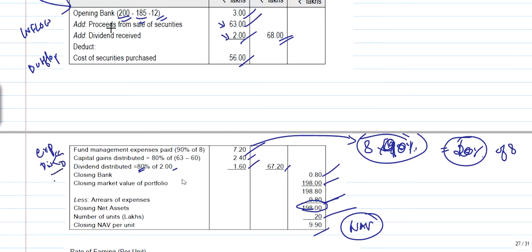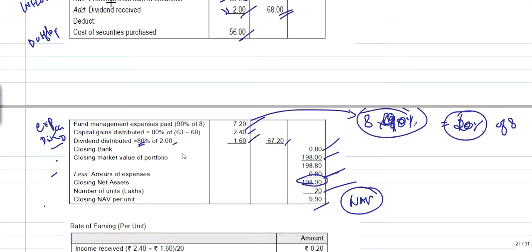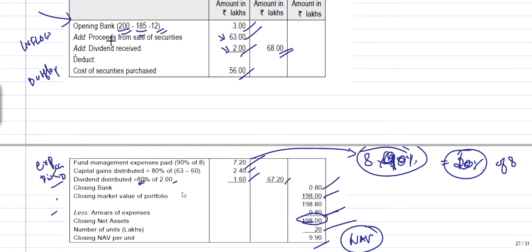Then we got the closing balance. We know the market portfolio at the end. On that we deducted arrears. This was calculated because of the inflow and outflow we did, for the purpose of closing cash or closing bank.